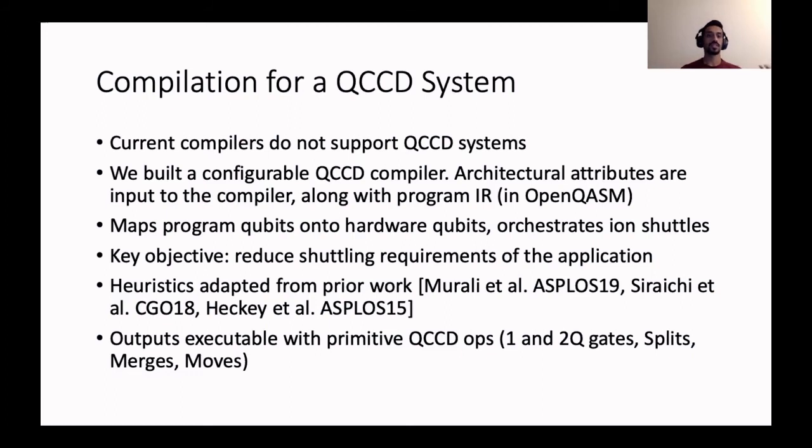The key objective the compiler tries to achieve is to reduce the shuttling requirements, because shuttling is expensive and leads to poor gate fidelity. Our compiler achieves this using a set of heuristics adapted from prior work, and you can find details in the paper. The output of the compiler is an executable which has primitive QCCD operations like splits, merges, and so on.